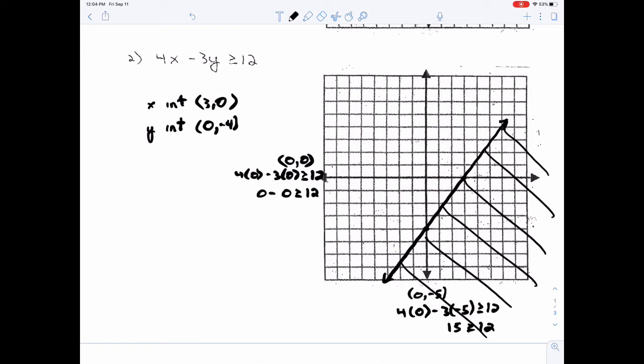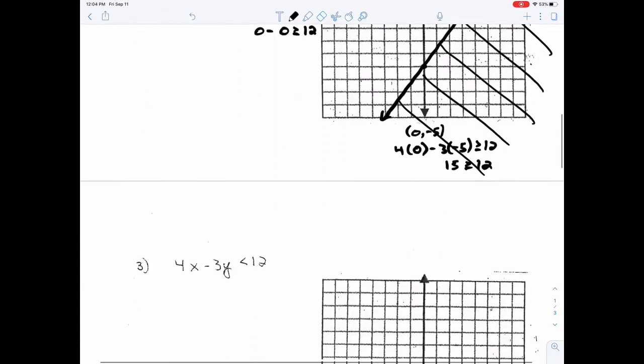But if you made a mistake graphing the line, maybe both points work or both points don't work. Why? Because you made a mistake. Now, if you don't make any mistakes, yes, only one side will make it true and the other side won't. But I suggest you pick a point on one side and a point on the other side. And if you find that both of them work or both of them don't work, it means you messed up somewhere. It doesn't really take that long to figure out one extra point. So that's just a recommendation.